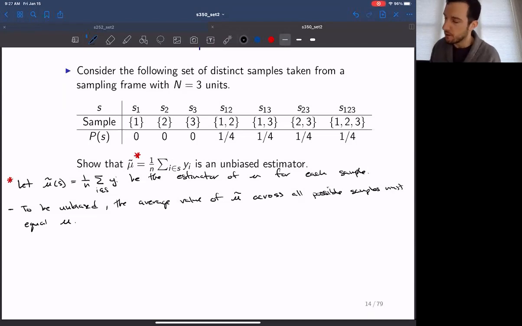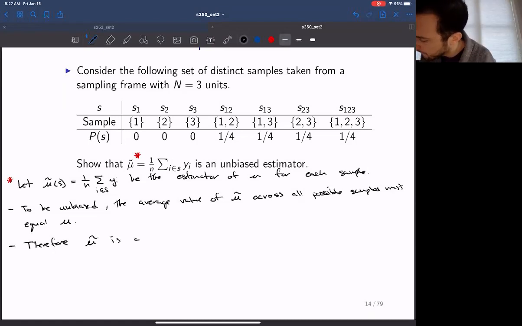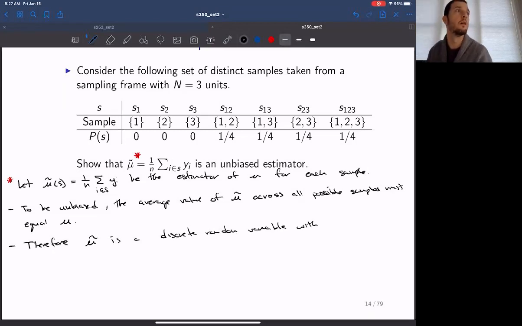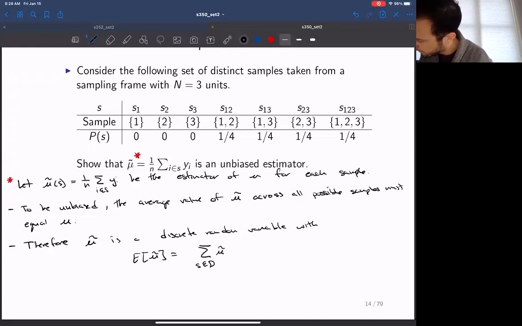Okay, so given that definition, we can then say, therefore, mu tilde is a discrete random variable with, I'll write it down here, expected value equal to the sum of every sample in the frame of mu tilde s multiplied by the probability little s is equal to s.